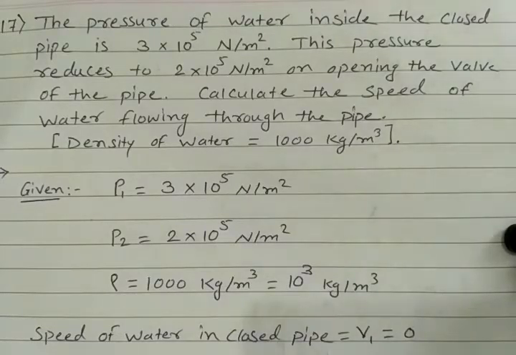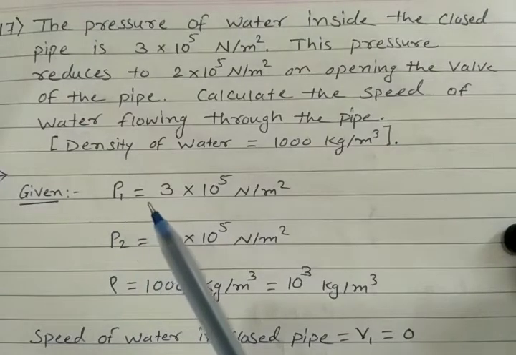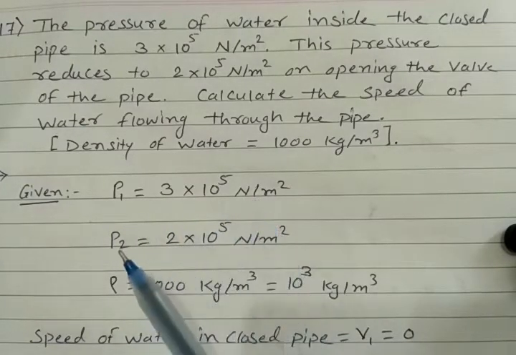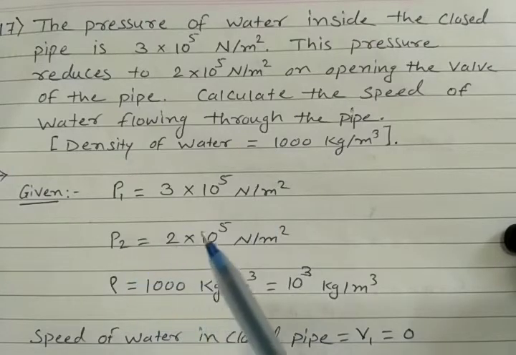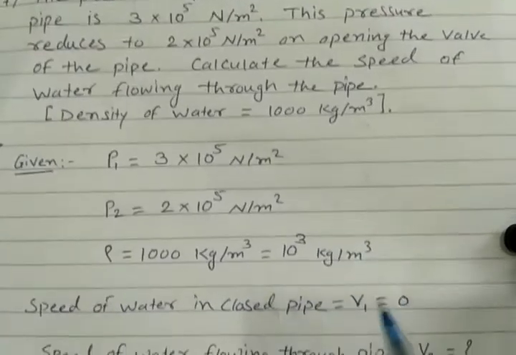So what we have here, the pressure P1 inside is 3 into 10 raised to 5 Newton per meter square. Pressure P2, reduced pressure, is now 2 into 10 raised to 5 Newton per meter square. The density of water is 1000 kg per meter cube, that is 10 raised to 3 kg per meter cube.